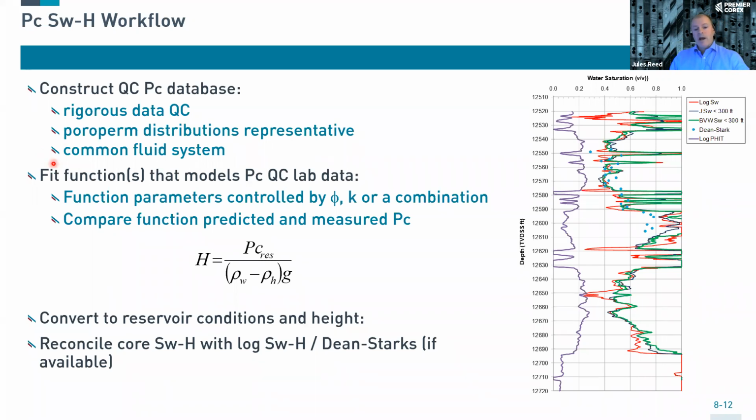And we either do it at this stage and begin to build our fitting functions and our model curves to data at reservoir capillary pressure with the reservoir interfacial tension between the fluids, or we do it to the laboratory data and then convert it afterwards.